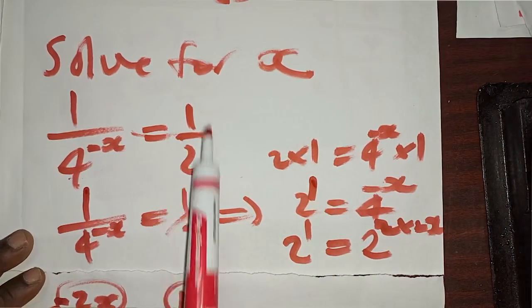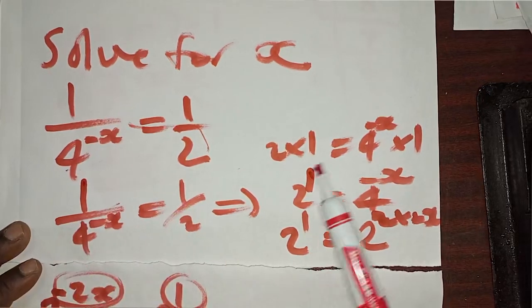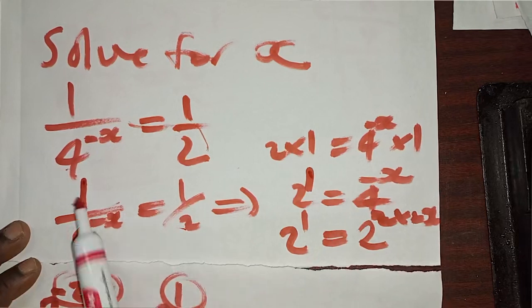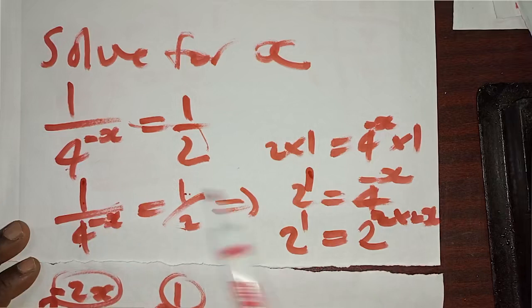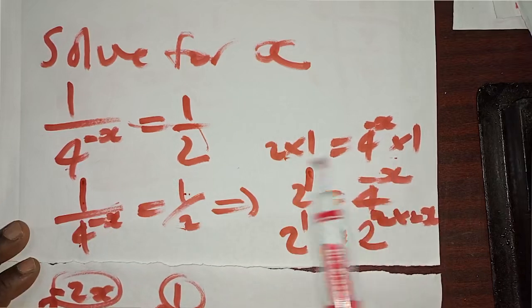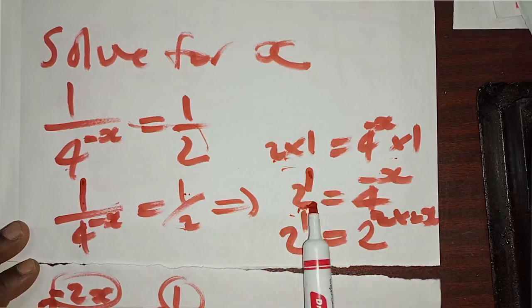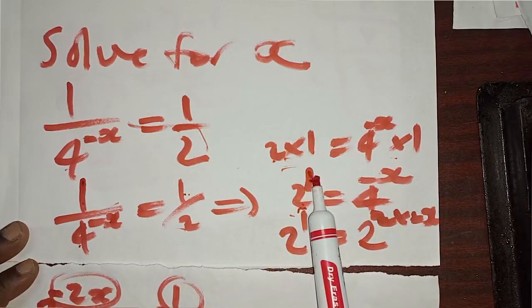And from there, 2 times 1, we have obtained 2, but we know that 2 is having a power of 1 there. Now 4 to the power negative x, 4 in index form, has become 2 to the power 2, but this 2, which is an index, will multiply by negative x here.